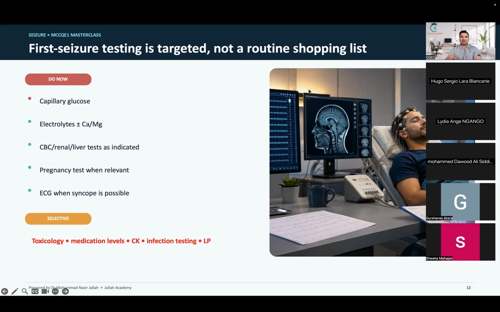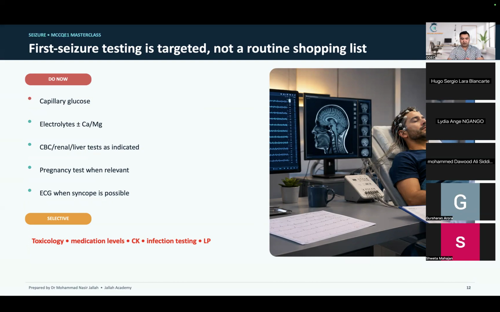So it means it is not just a list that you need to memorize and apply to every patient. Depending on the patient, depending on the condition, and what caused or provoked the seizure, you have to do the investigation based on that. For example, capillary glucose is something that we do for everybody, electrolytes, CBC, renal, liver, a pregnancy test if they're possibly pregnant, ECG when syncope is possible.